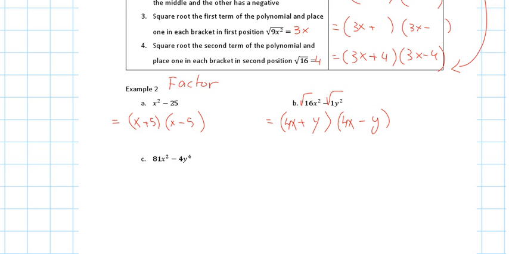Now if you go back to your homework page 2, did you have anything that looked like this? When you expanded it, it gave you 2 terms only because the middle term turned out to be 0. You had a couple of them, right? I think B was one of them. Yeah, B was one of them. Well, it's their opposite, like the minus and the plus were different. Yeah, it doesn't matter.